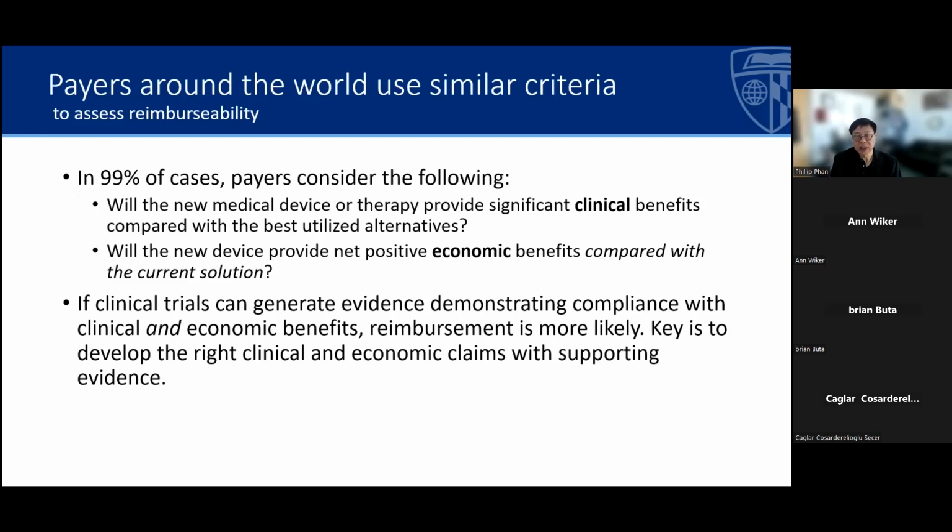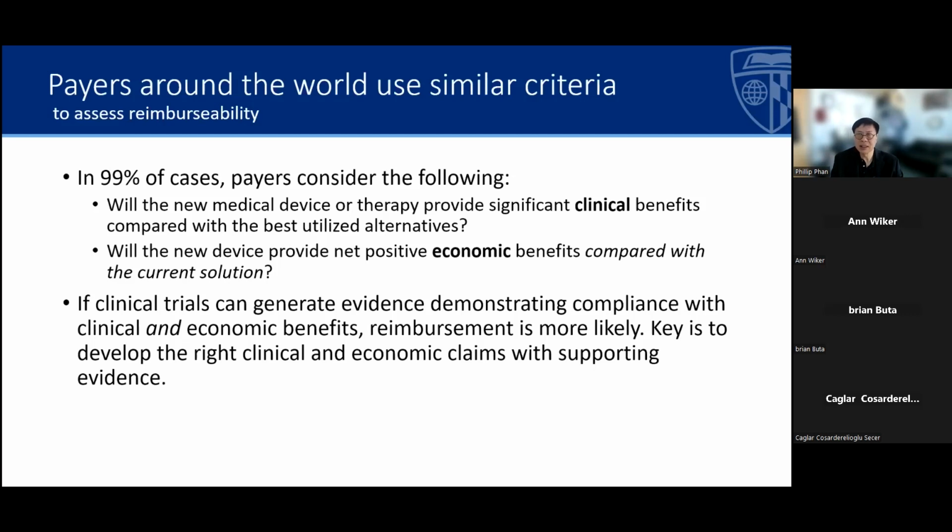Now, I would say, I've made a point earlier that regardless of where you are around the world, for the most part, payers are going to consider two important dimensions to decide if something is even within striking distance of being reimbursable. Number one, and you should know this, your new device or therapy has to provide significant clinical benefits. Okay, so the first question to ask is, well, how does this compare with what already exists?